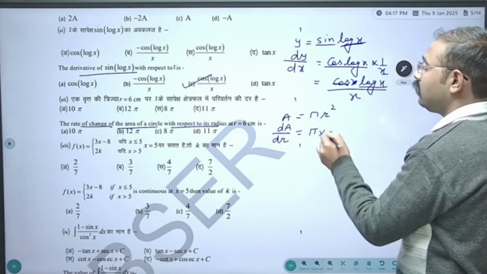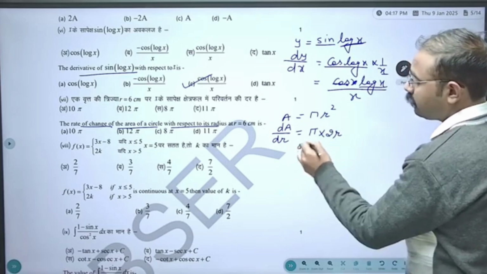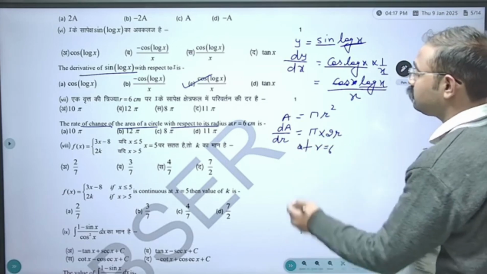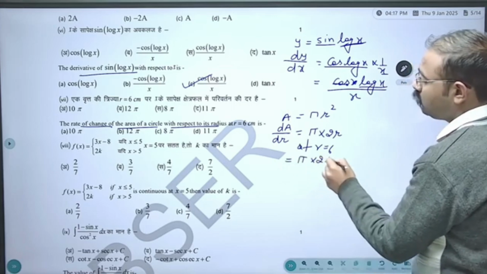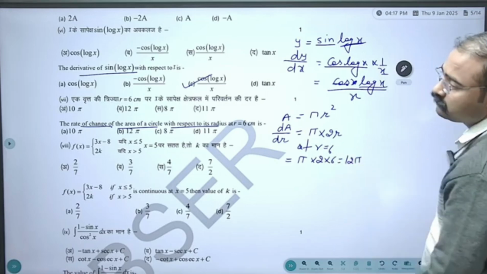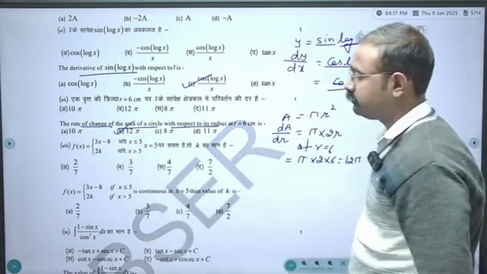Derivative of r square is 2r. At r is equals to 6, r is given in this question as 6, then pi into 2 into 6, 6 twos are 12 pi. Option B is correct option.